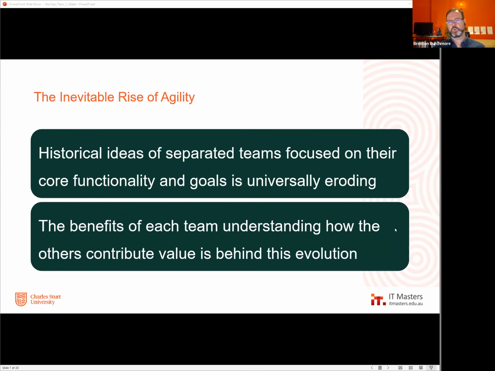There's a growing trend towards empowering and leveraging the opportunity for people to understand what's over the fence and how they work, because we know that the success of the business relies on synergies. And so we're looking more for those synergies. We're looking to break down those barriers and those walls, because that's what the competition is doing.